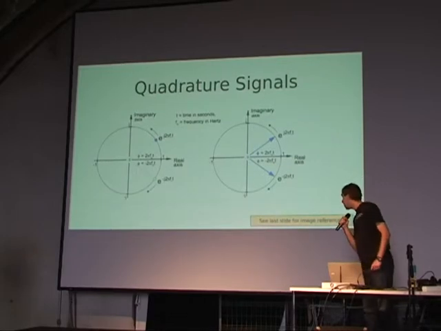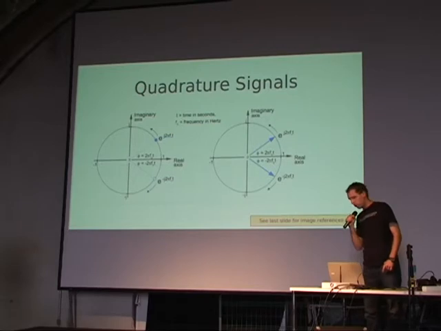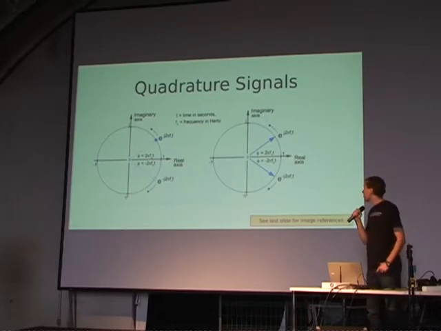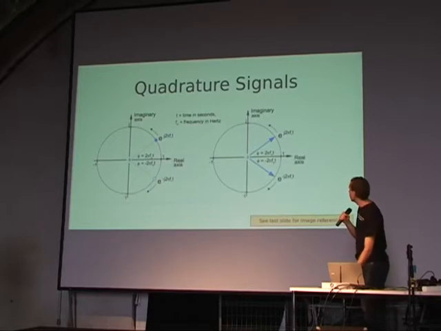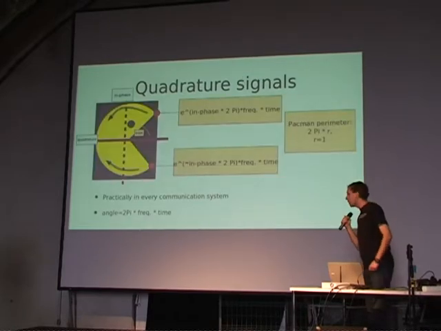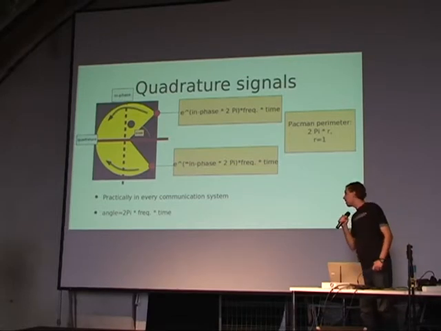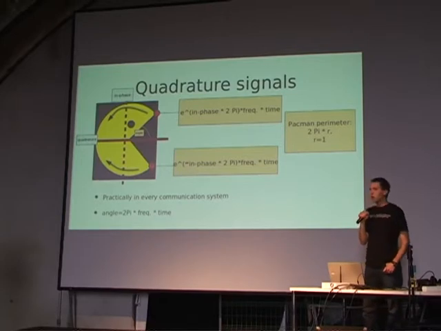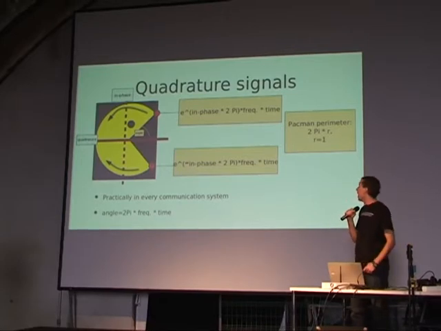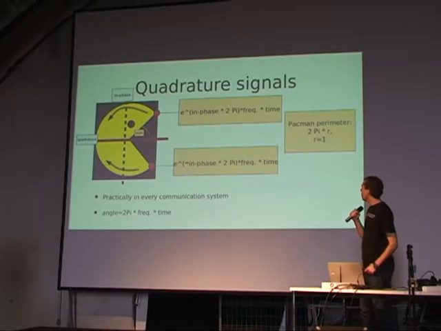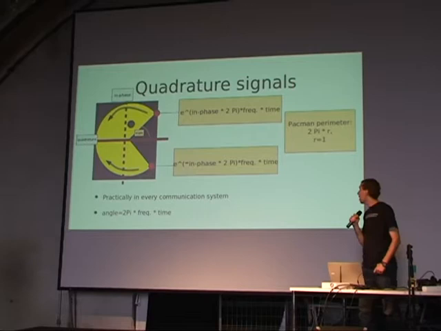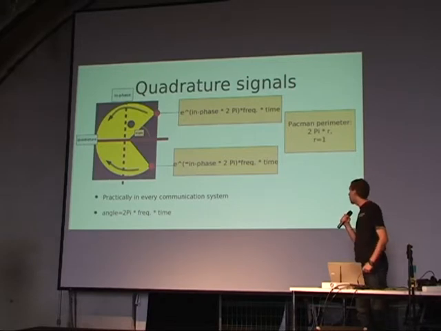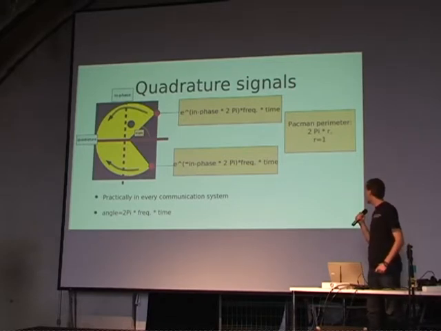So that's a slide that has a reference at the last slide, but practically this defines quadrature signals. I looked at this at first and didn't really get it, so I designed another way to explain this, which is this Pac-Man figure. And it shows that there is an in-phase and a quadrature, which are the two components of a complex number. And you see that the tips of the mouth of this Pac-Man figure are actually the red dots, which are marked as e to the i times 2 pi times frequency times time.